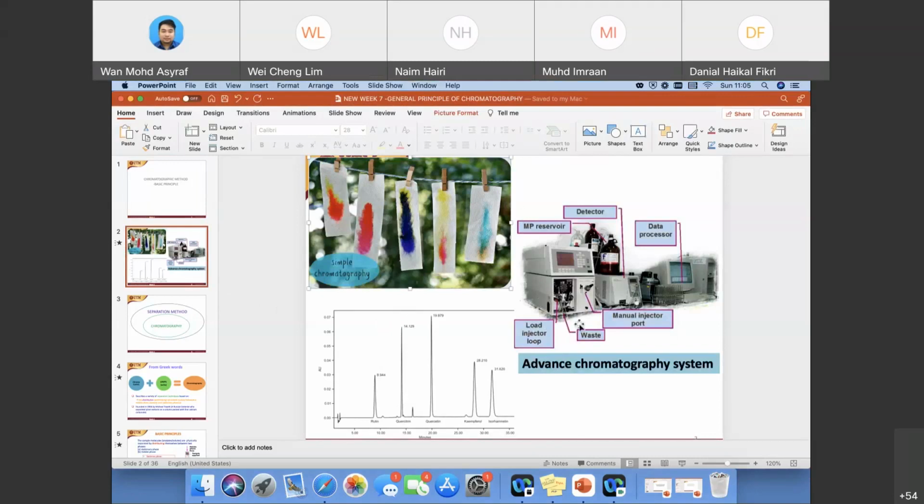Anyone care to give your opinion on what is chromatography based on this first picture? Anyone? Muhammad Ainul Naim? Okay, Muhammad Ainul Naim. Based on this first picture, what can you tell me about chromatography?